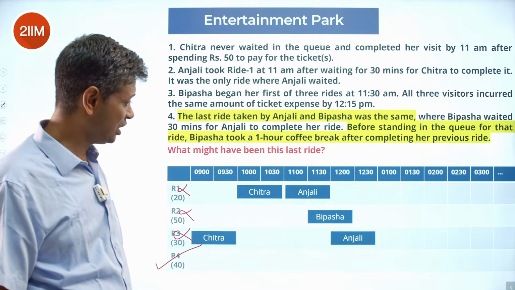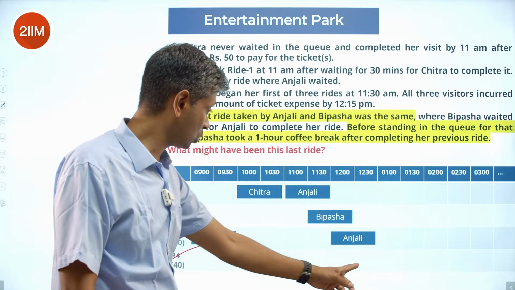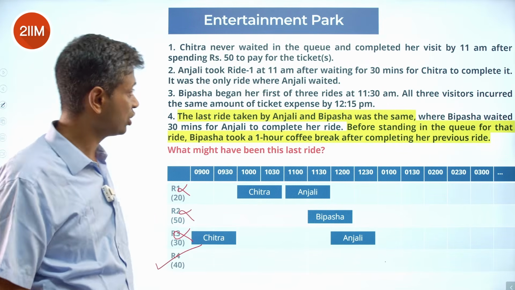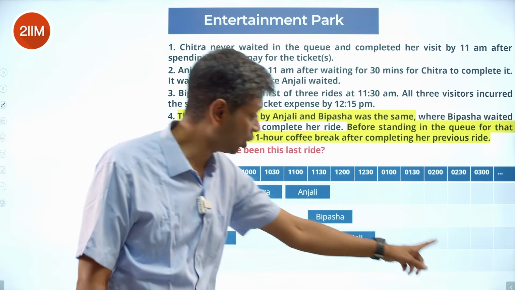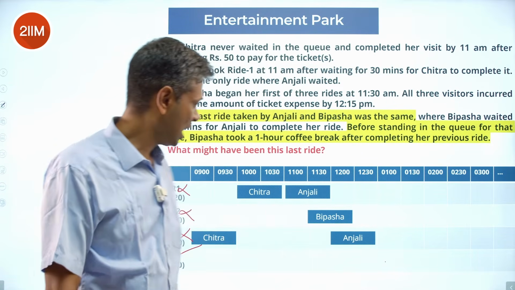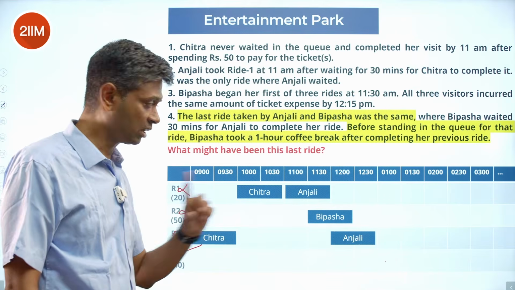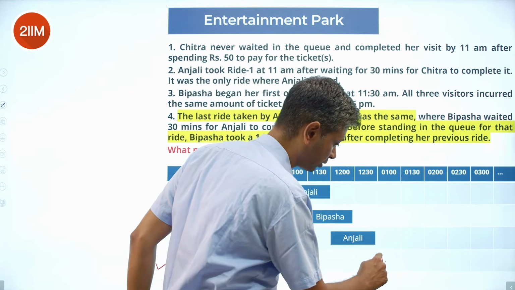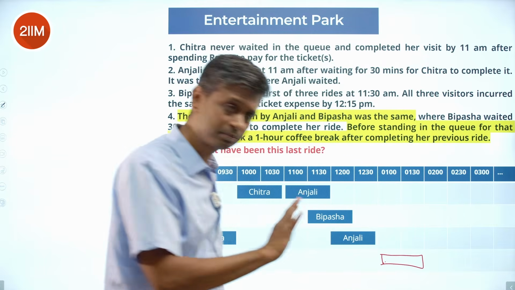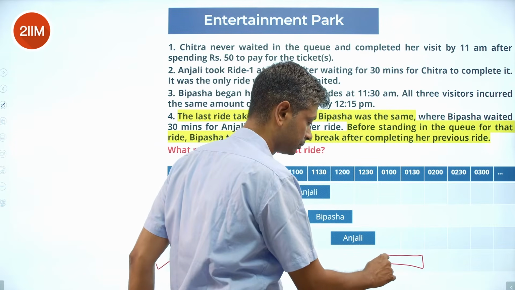After this, Anjali immediately could have gone here, in which case she's doing only 3 rides, or she could have done this and gone there. 2 possibilities. Anjali could just do R1, R3, R4. She does R1, R3, R4. Anjali would have done this. She doesn't wait. This would be Anjali.